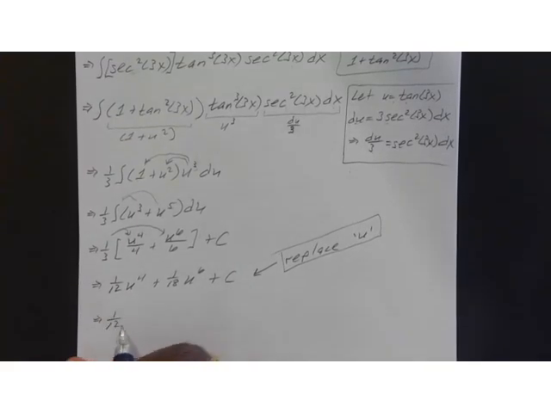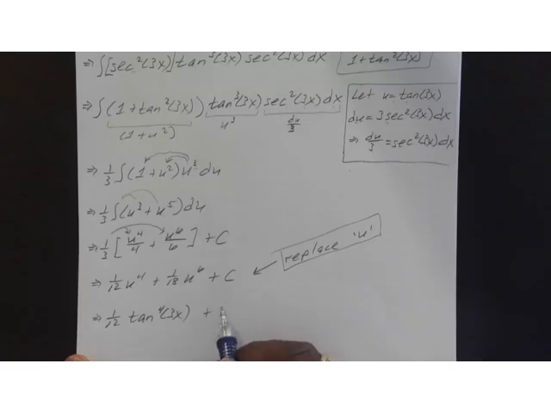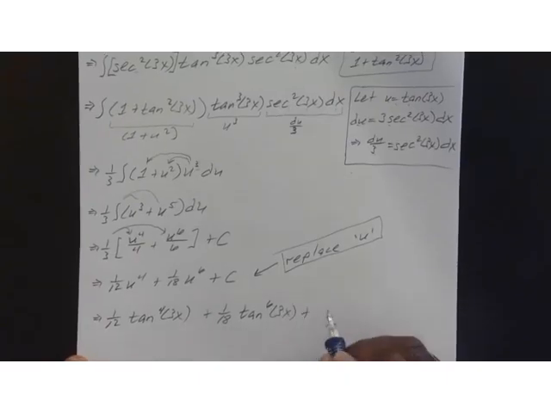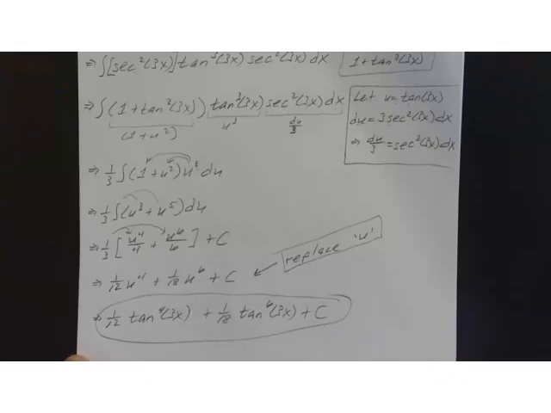So that becomes 1/12 tangent to the fourth power of 3x plus 1/18 tangent to the sixth power of 3x plus c. All right. Any questions on that one?